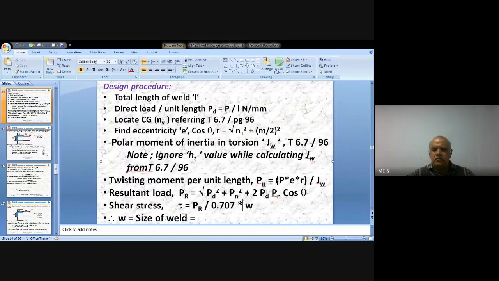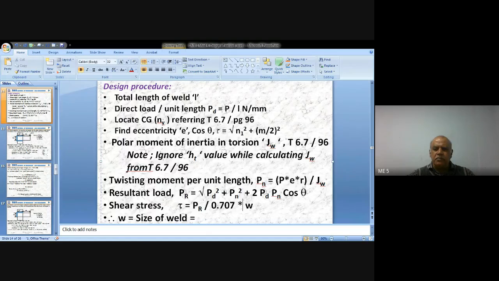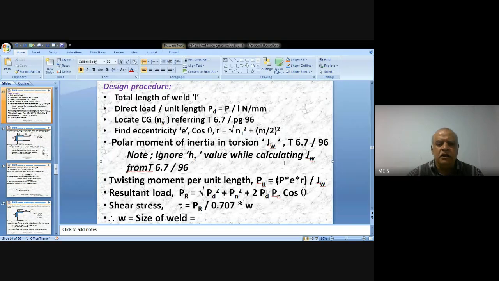No, it is not from a table. It is depending upon the weld, the value of n and m will change. So from there, we are going to calculate the value of radius. The equation will remain the same, sir? Let's see how it will be in other cases.